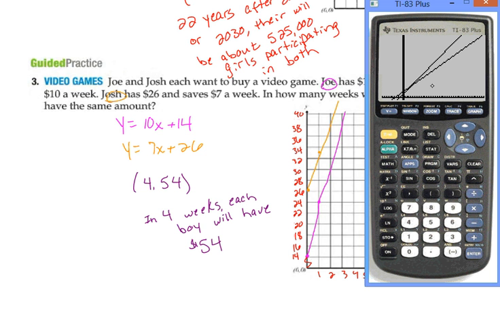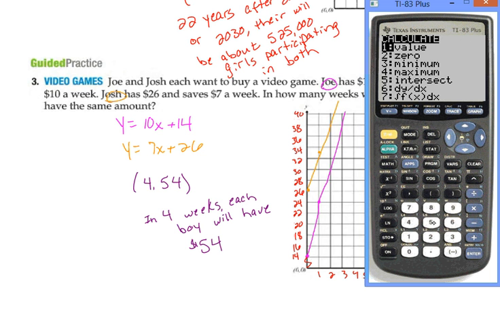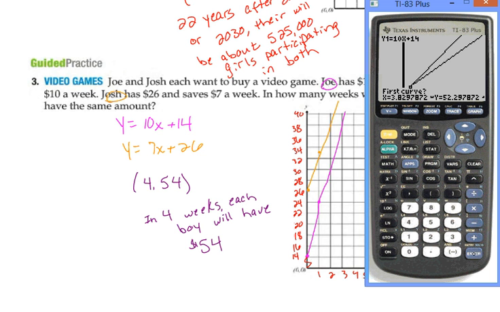I went ahead and graphed that, and I realized maybe my graph is a little bit too big because my intersection's down here somewhere, but really that doesn't matter. Ugly to see here, but if we go to that second trace, ask it to find that intersection, there's my first equation, my second equation, and guess, they tell me intersection is at 4 and 54. So in this situation, what does that mean?